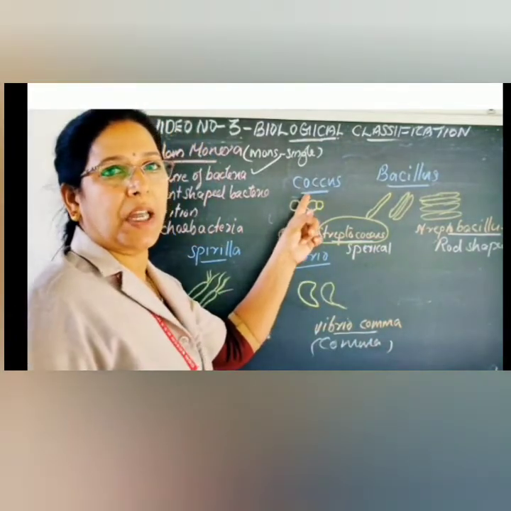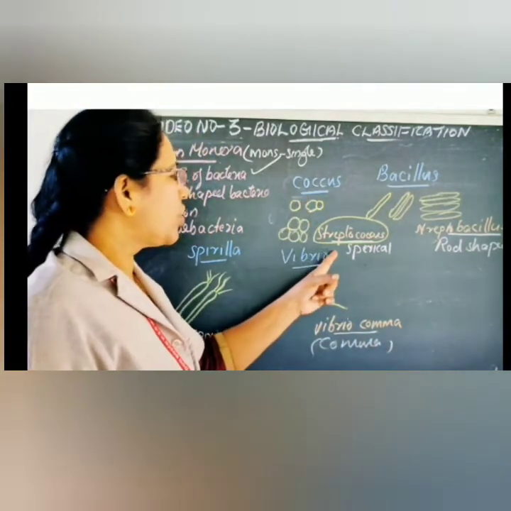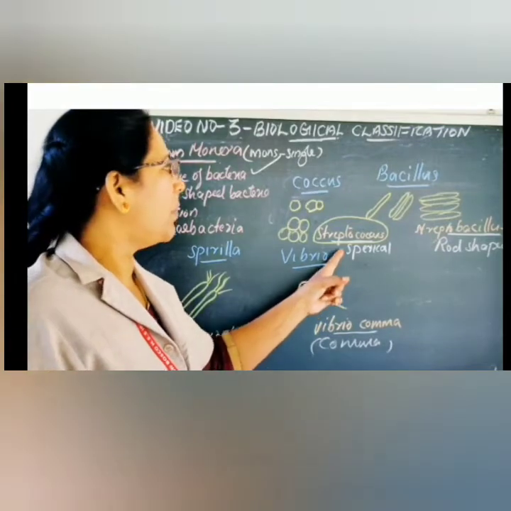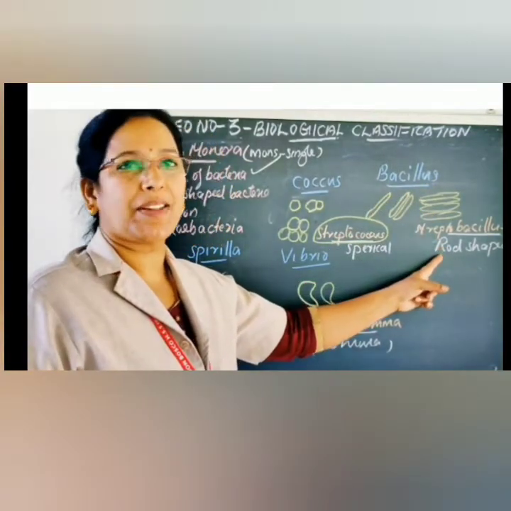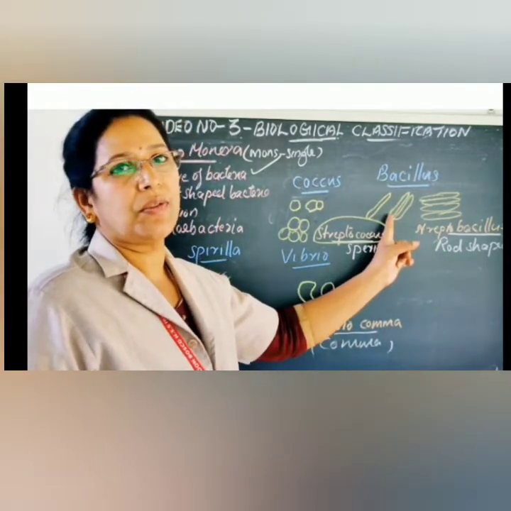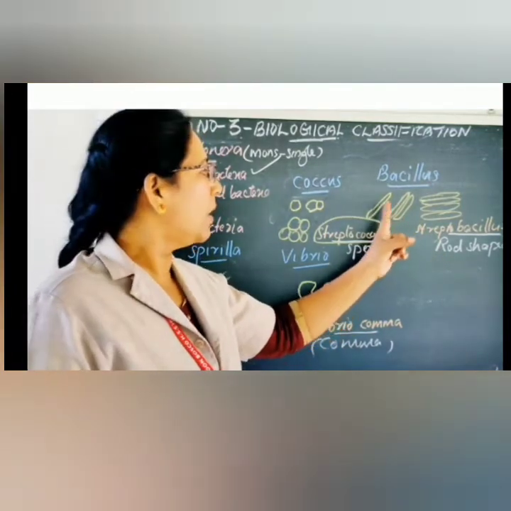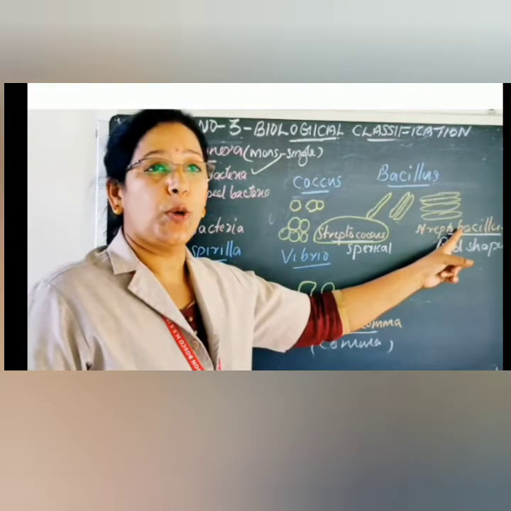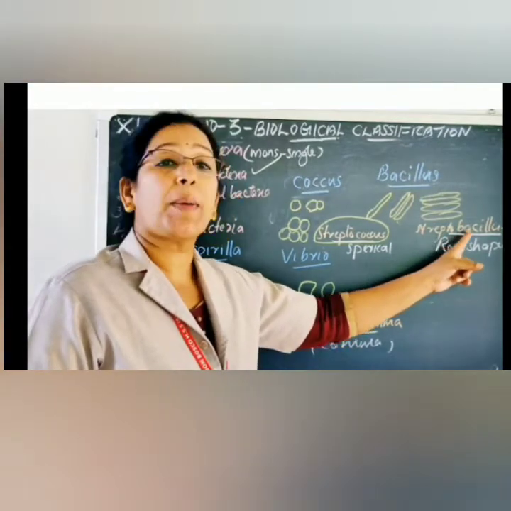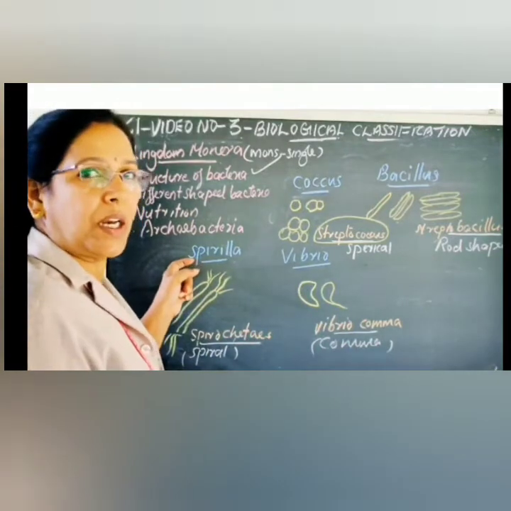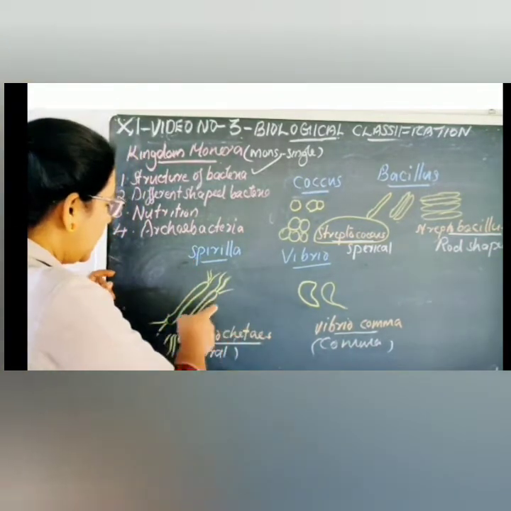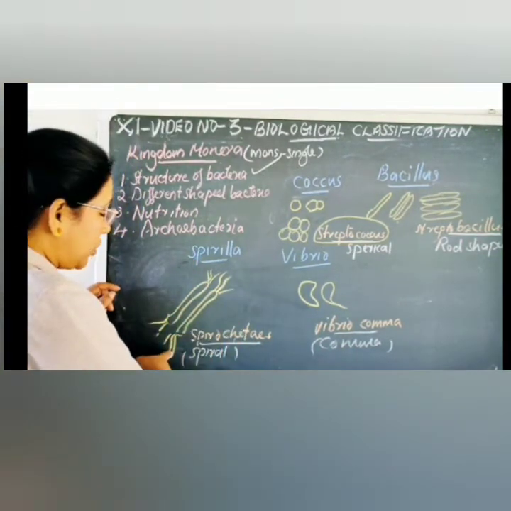Coccus is spherical bacteria. Streptococcus is the example. Then Bacillus, that is rod-shaped bacteria. This also we can see in single or in pairs or in groups. The example is Streptobacillus. Then again it is Spirillum, spiral-shaped bacteria.